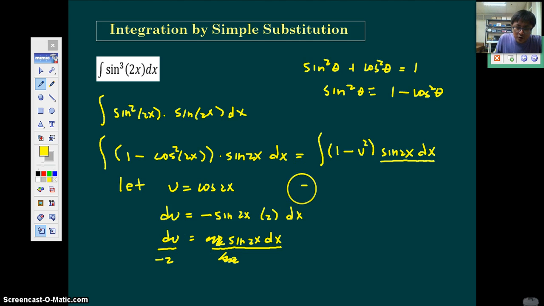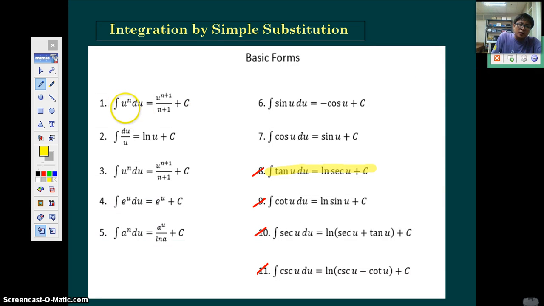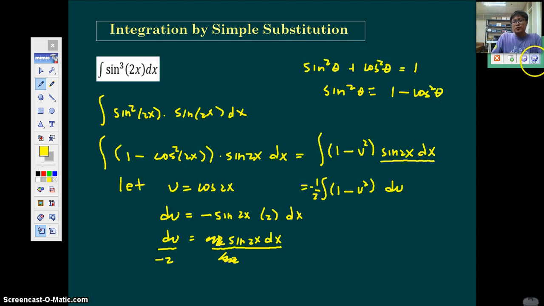Now this can be written as 1 minus u squared du over negative 2. Now we will put that negative 1/2 outside. So this is now negative 1/2 integral of 1 minus u squared, which can be integrated term by term using your very first integral form: u to the n du equals u to the n plus 1 over n plus 1.